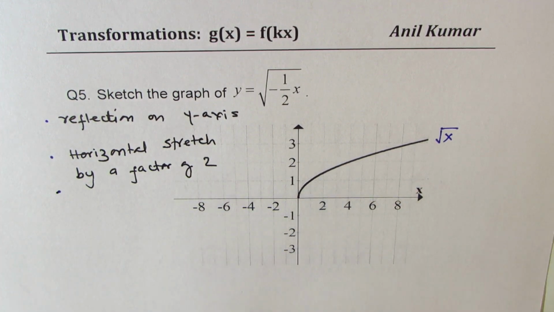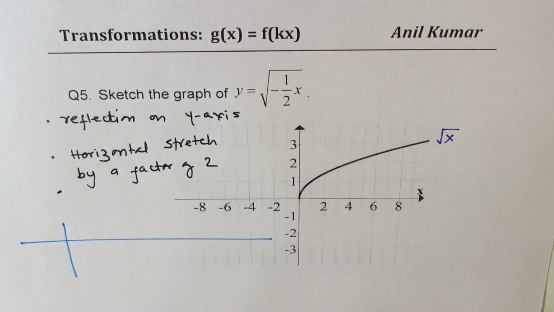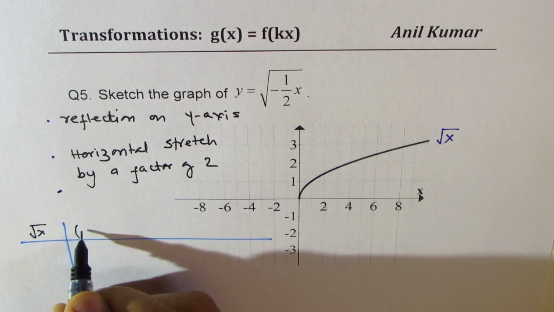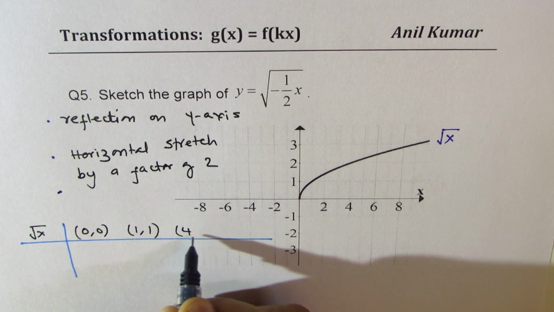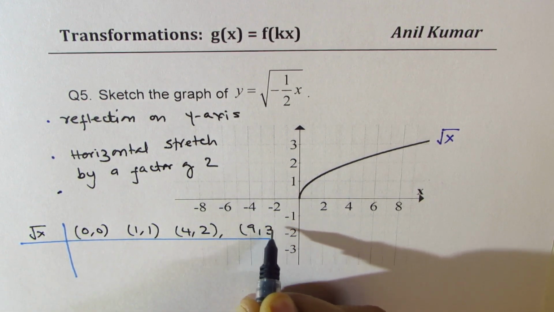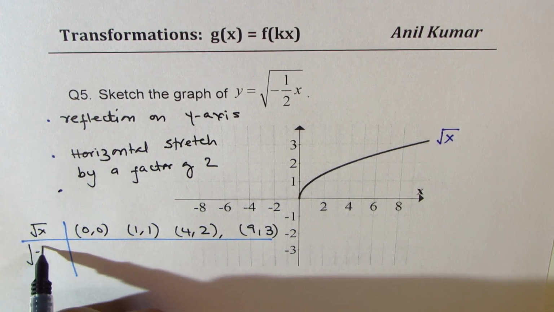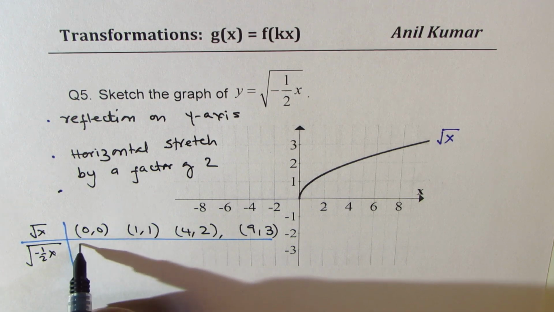Now you could actually do it in 2 steps along the graph, or you could also do transformation of points, right? So we'll do transformation of points. If I take square root x function, let's consider the points 0, 0, 1, 1, 4, 2, let's say 9, 3, right? Square root of 9. In that case, for square root of minus half x, 0, 0 is invariant.